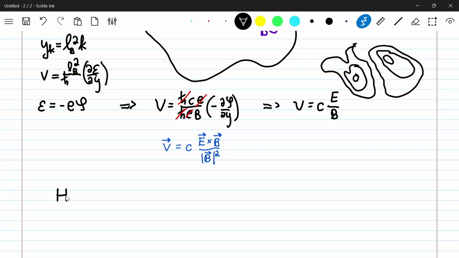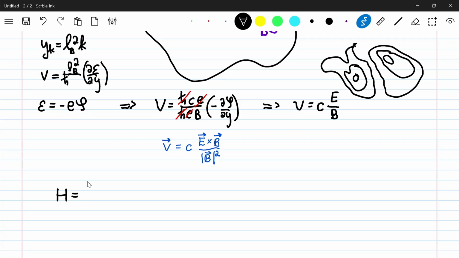Let's first write the Hamiltonian for the integer case. I'll do everything for the integer case, but I write it in a fancy language, like killing a fly with a hammer. This is what we say in Hebrew. But this hammer can then be used for killing a bigger animal.